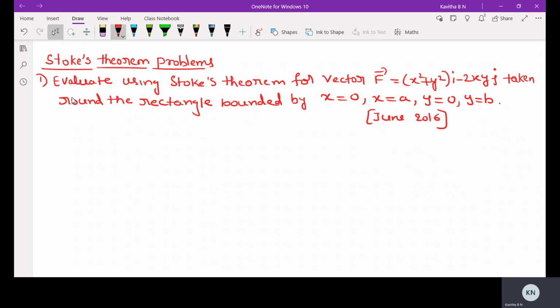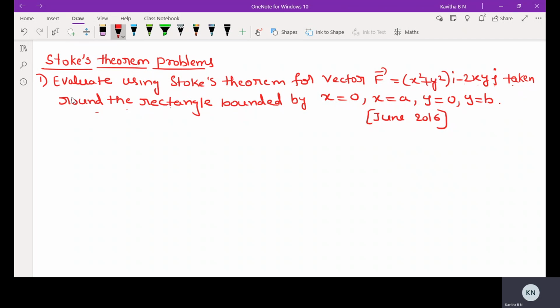Okay, then evaluate using Stokes theorem for the vector F equal to (x square plus y square) i minus 2xy j, taken round the rectangle bounded by x is equal to 0, x is equal to a, y is equal to 0, and y is equal to b.